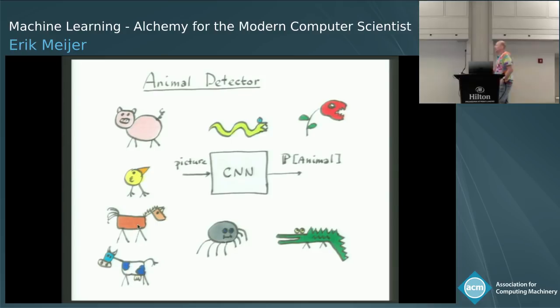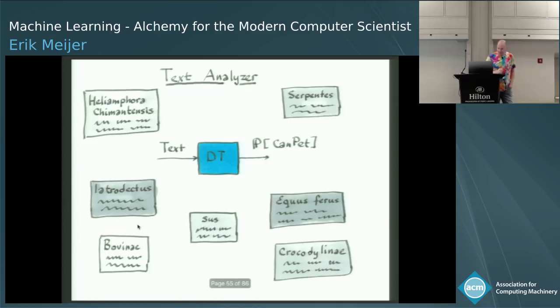Well, this is our neural network. It takes a picture, and it returns a probability distribution of animals. It should be able to recognize all these animals. Now I need another machine-learned algorithm that uses DeepText or something to analyze text.